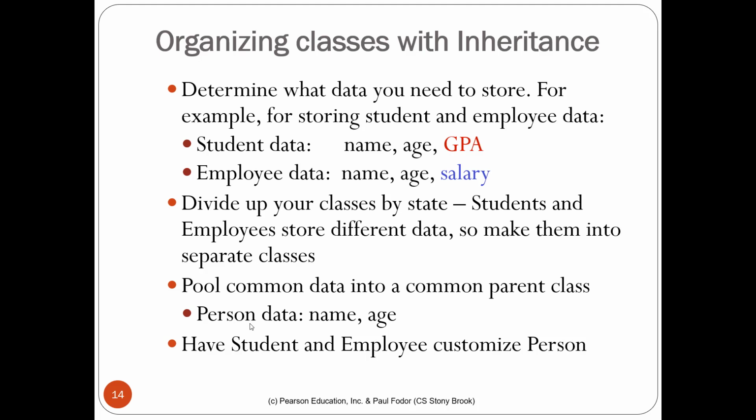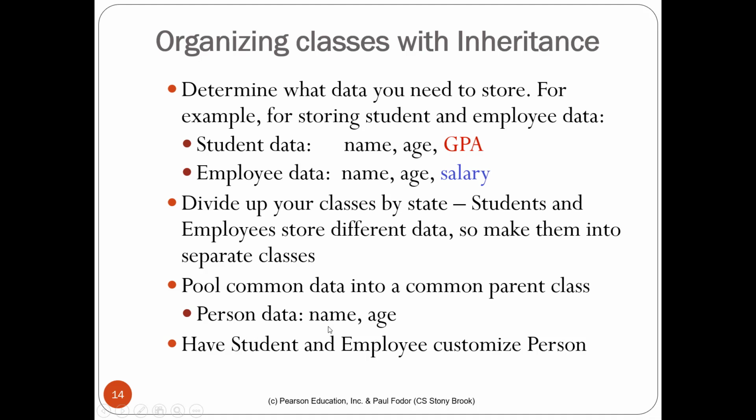So when you have student and employee, a more general class name would be a person class. All right, so we'll name that as person because student is also a person, employee is also a person. So we will create a class like person, and in that person class we will keep the common data, pool common data into a common parent class, which is person data.